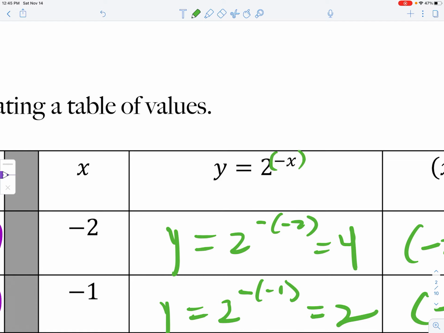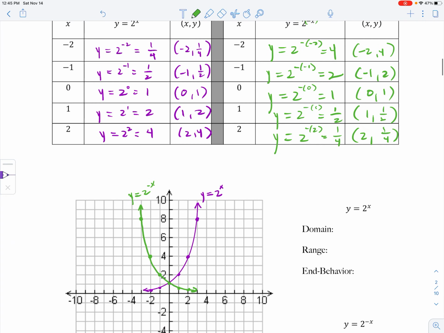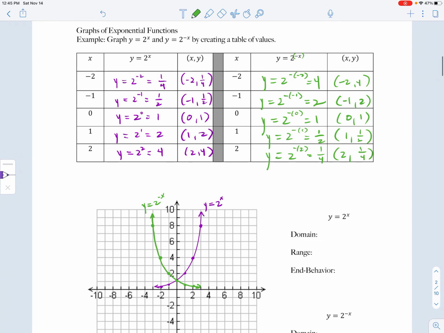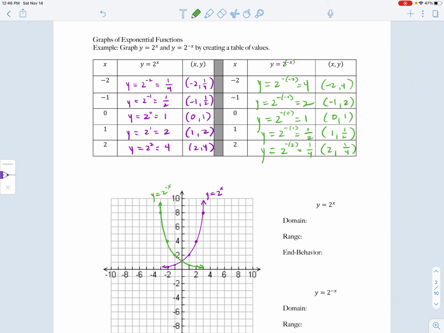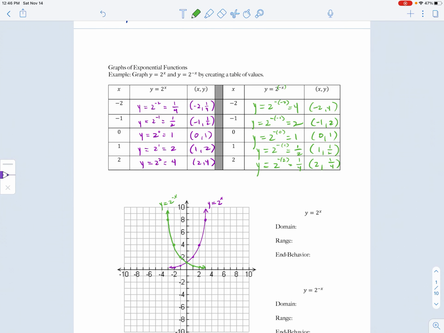That negative is happening to the x, or x is being multiplied by -1. That indicates, if we thought of y equals 2 to the x as the parent function, a horizontal reflection, or a reflection about the y-axis, which is what these graphs look like, right?